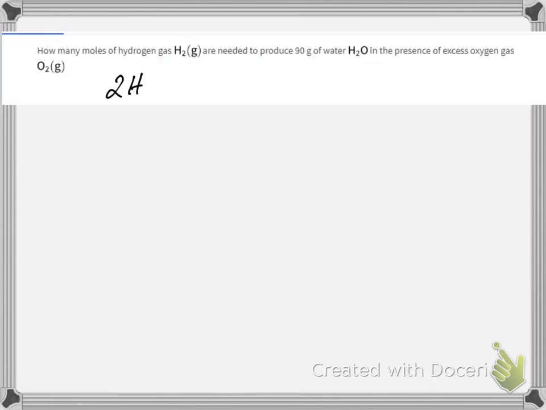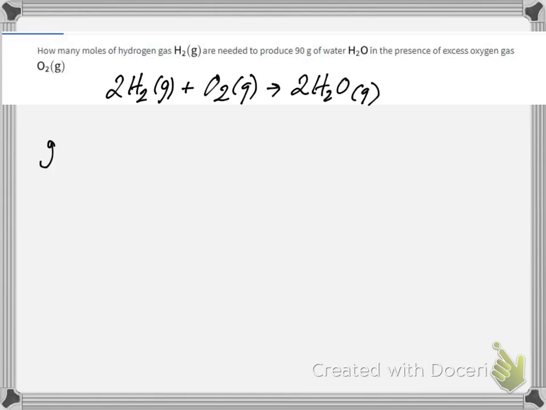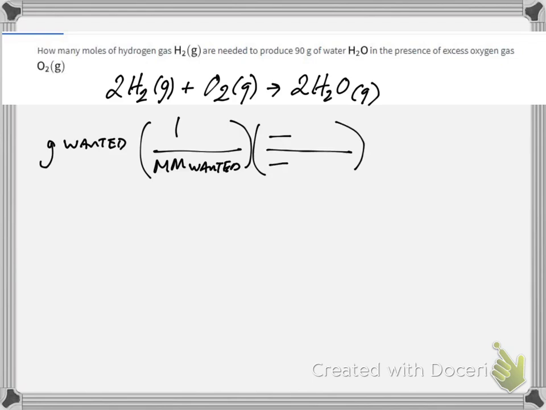Okay, let's take a look at using the coefficient way. Right, so we start with the formula: grams of wanted times 1 over the molar mass times the balanced reaction coefficients times the molar mass.